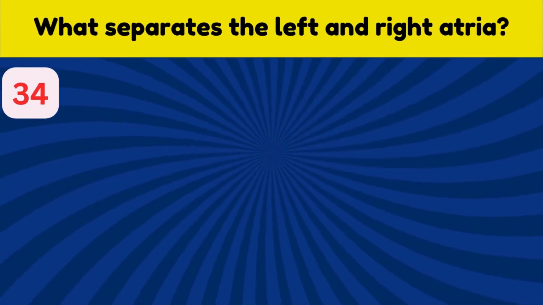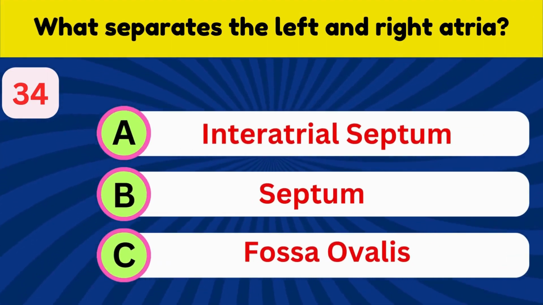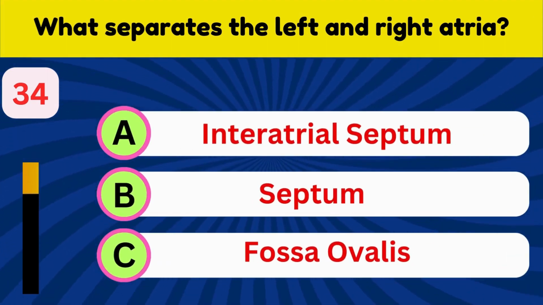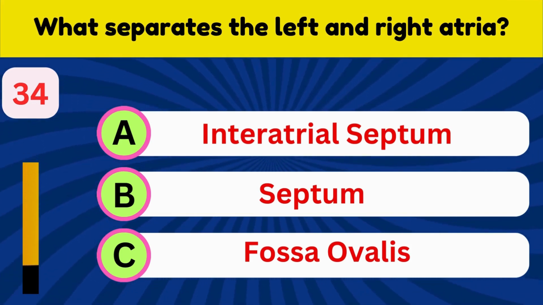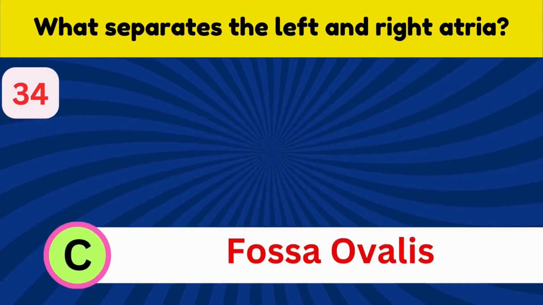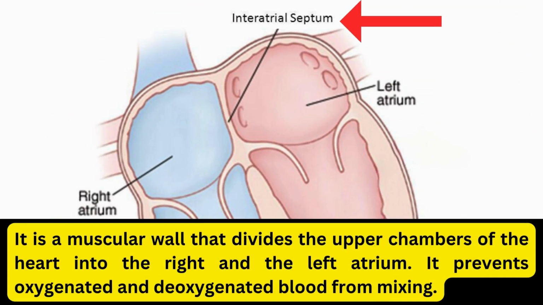What separates the left and right atria? Interatrial septum. It is a muscular wall that divides the upper chambers of the heart into the right and the left atrium. It prevents oxygenated and deoxygenated blood from mixing.